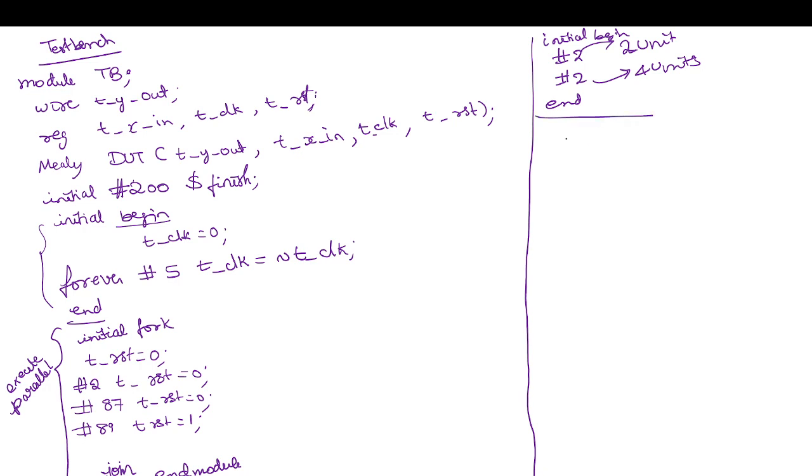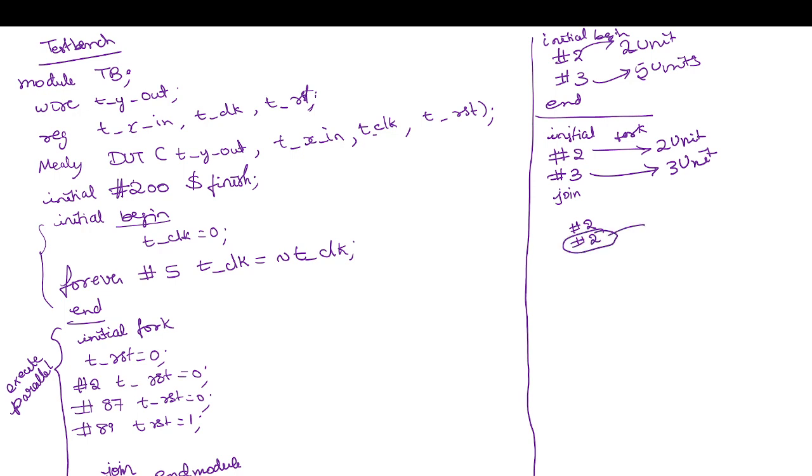Now, when I am writing this inside the initial fork and join, and I write this as a 3, then this was at 5 units of time. Now, if I have 2 and then 3, this will be executed at 2 units of time and this will be at 3 units of time. All the execution will be in parallel. And say if you have #2 and #2, mostly it will take the second value, or it depends on the simulator and the version of the Verilog.